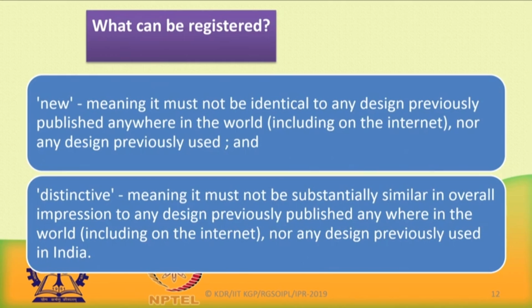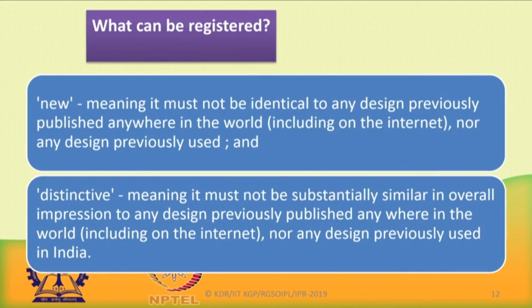Because of the advantages of technology, the internet and other things, the examiners can search and find out whether this is already published anywhere in the world. So, it should not be earlier published, then only it will be considered new. And the second criterion for design registration is distinctiveness.